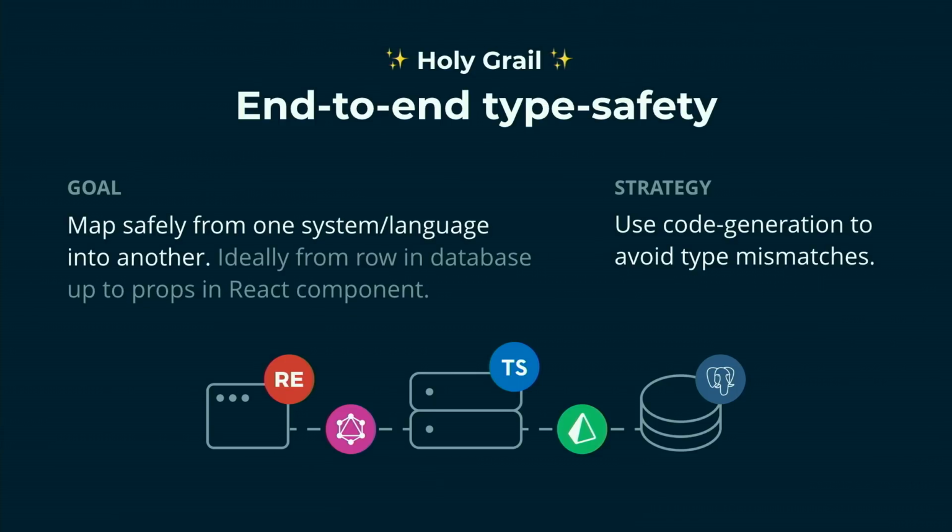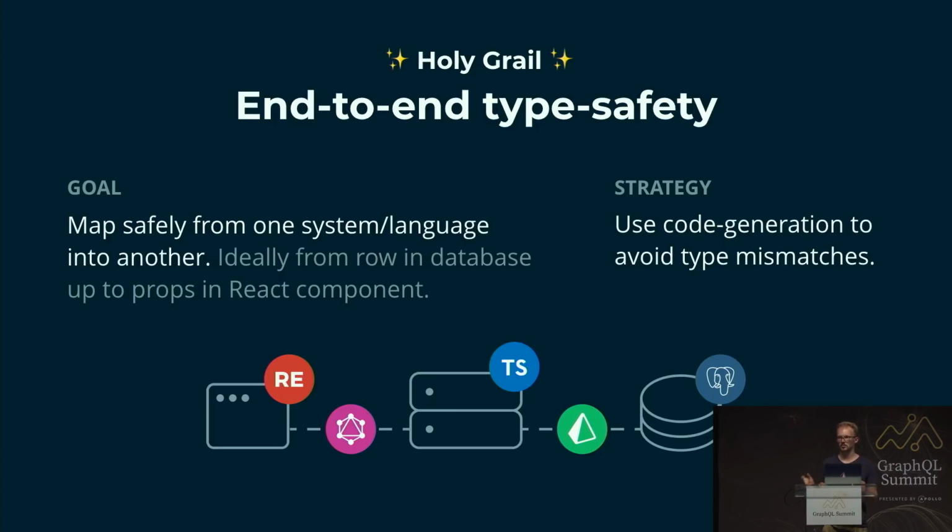The idea is basically that you have a type-safe mapping from your row as it lives in your database up to how you can access your data in your React props. And very often, it's not a one-to-one mapping, and you need to map it somehow differently, but you still need to do the mapping in a type-safe way. And that's the idea of end-to-end type safety.